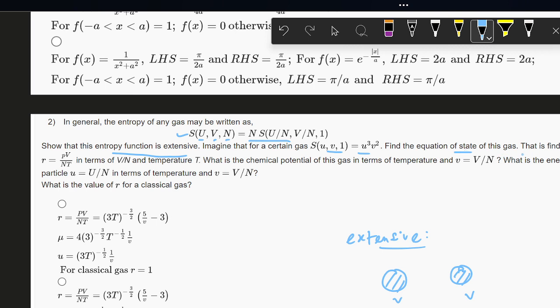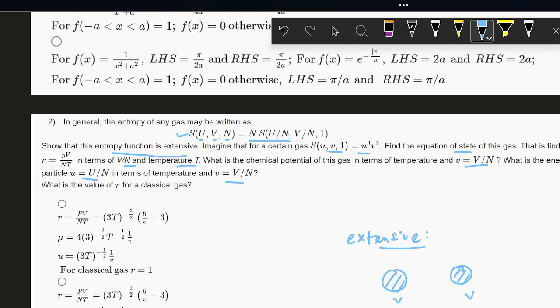After you have done that, you have also been told to find the ratio R, that is PV by NT, in terms of V by N and temperature. And then it is asked what the chemical potential for this gas is, also in terms of temperature and small v equal to V by N, and what is the energy per particle, small u equal to U by N, in terms of temperature and small v.